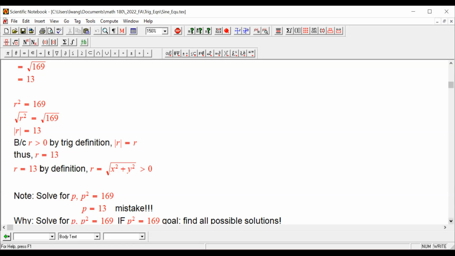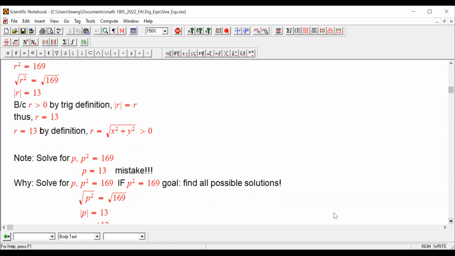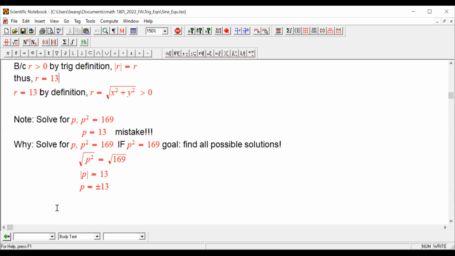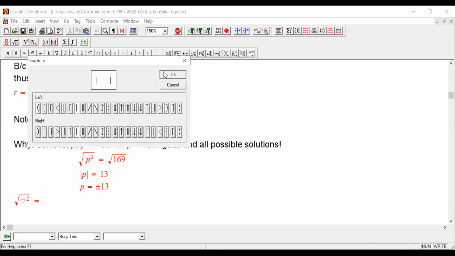So be very, very careful when you're handling something squared equals 169, or something squared equals another number. When you take a square root, my point is, whenever you take the square root of anything squared, say heart squared, the answer is going to be the absolute value of the heart.